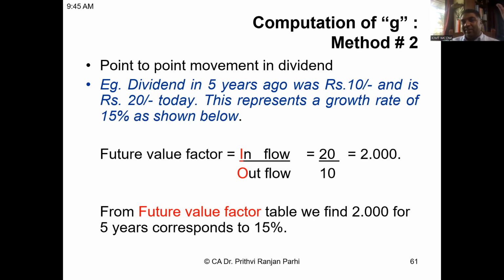How will you compute the growth rate here? You see, that means if rupees 10 is invested today, after 5 years it is going to become 20. That is the concept. That means you are giving 10 rupees today, and you'll be getting 20 rupees after 5 years. So your inflow is 20, but your outflow is 10.